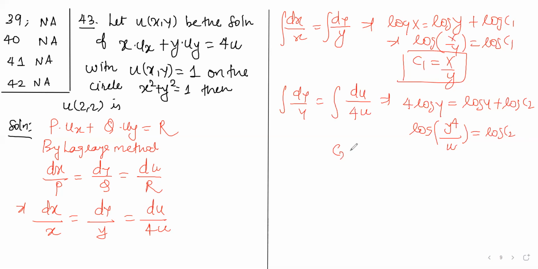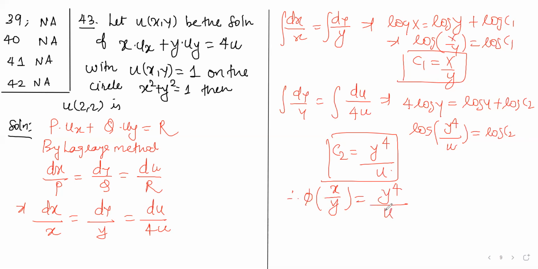So that implies c2 equals y to the power 4 over u. So I got c1 and c2. So the solution is given by phi of c1 equals c2 or phi of c2 equals c1. You can use either. I'll use the first one because it looks simple. So phi of x by y equals y power 4 by u. I'll call this equation 1.